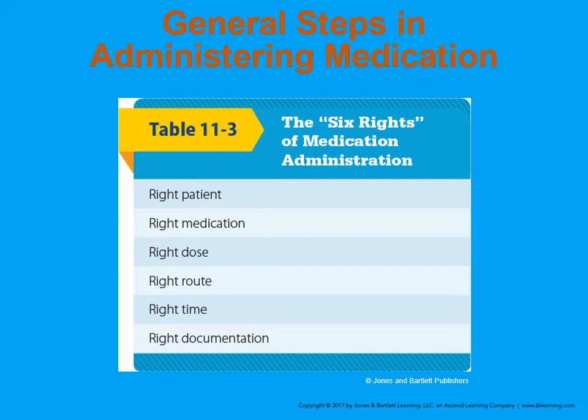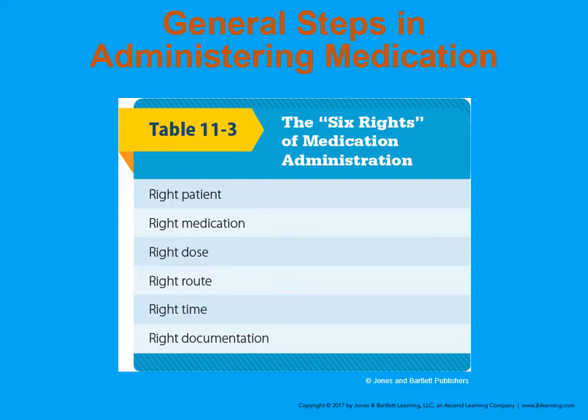The right patient. You must ensure that the patient who needs the medication is the patient who receives that medication. Right medication. Verify that the proper medication and prescription is what you're giving. Right dose.